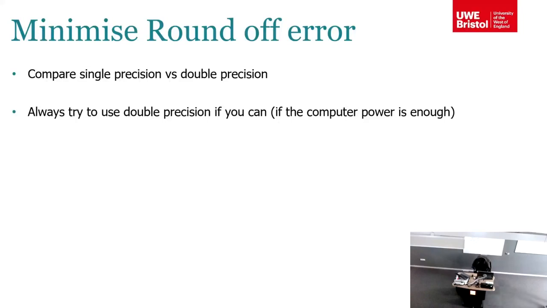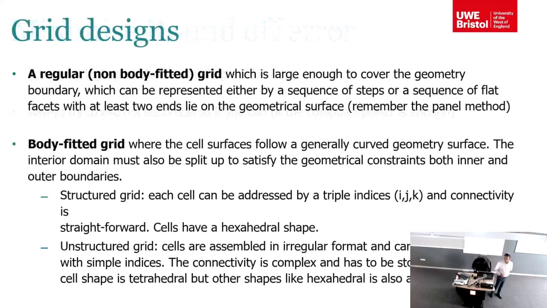If you want to minimize round off error, use double precision compared to single precision. But double precision is always more expensive computationally. When you use grids, a body-fitted grid is the better one.